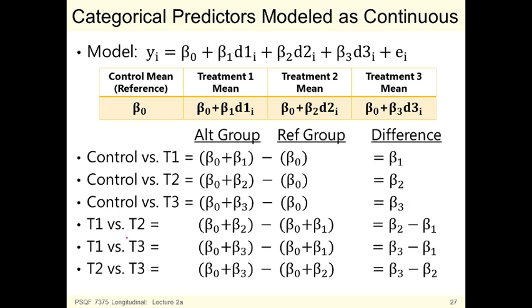But I can use the same logic to figure out the implied group differences. If treatment group 2 is given here, and treatment group 1 is given here, the intercepts drop, and I'm left with beta 2 minus beta 1, the difference of treatment 1 and treatment 2. Treatment 3 and treatment 1 is beta 3 minus beta 1, and beta 3 minus beta 2 is 2 versus 3.